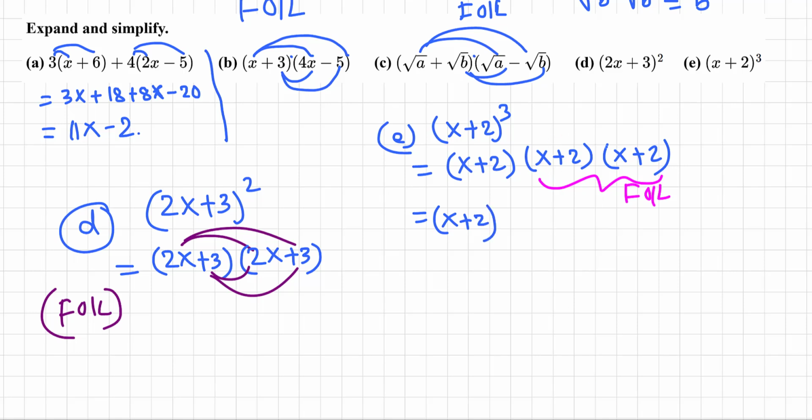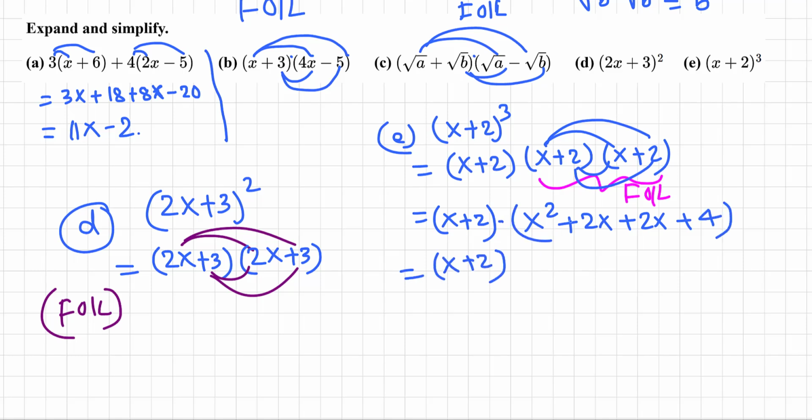So this is first, outer, inner, last. x squared, 2x, 2x, 2 times 2 is 4. We need to simplify, then multiply more by x + 2.